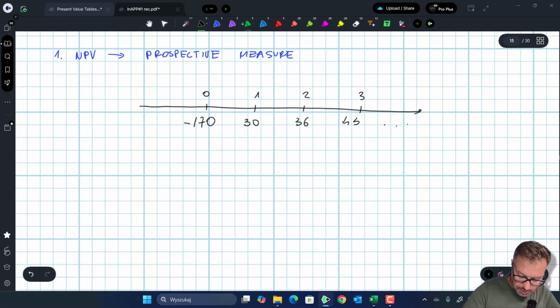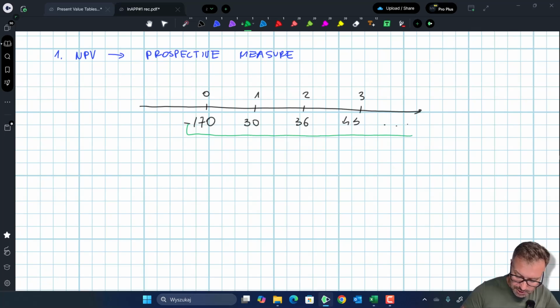All these cash flows are going to be taken into account because these are future cash flows.